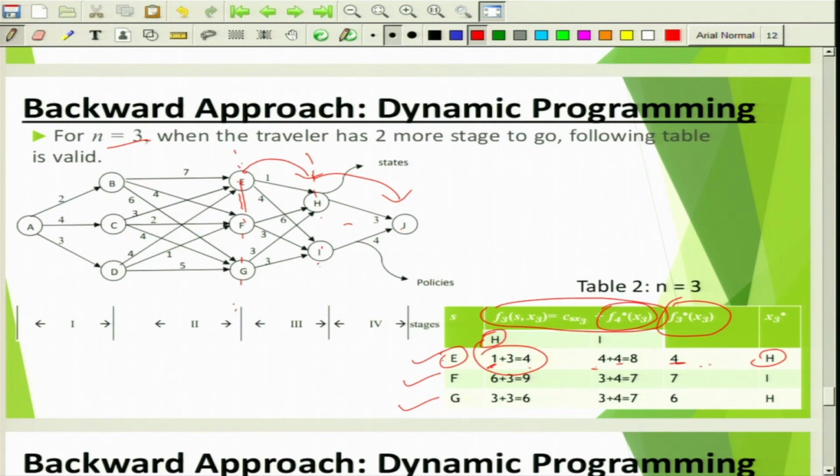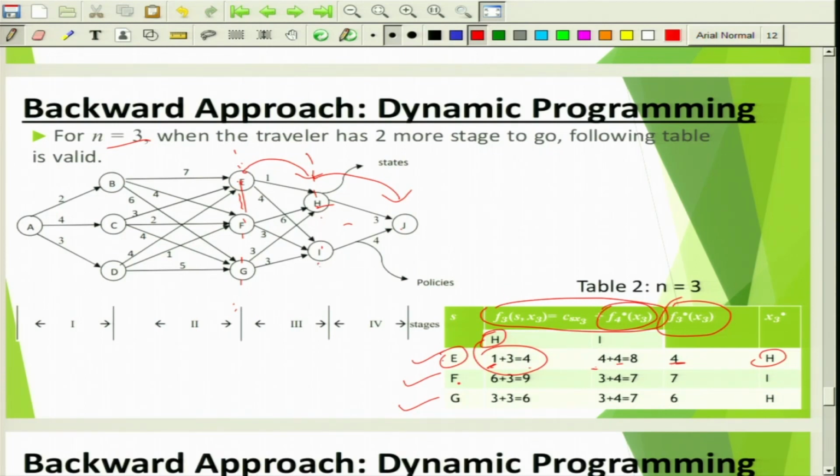What is the most optimal point at that particular state? It is H. If you are starting from E, then you need not go to I. The best way to go to J is via H. And similarly from F to H it is 9 and F to I it is 7.